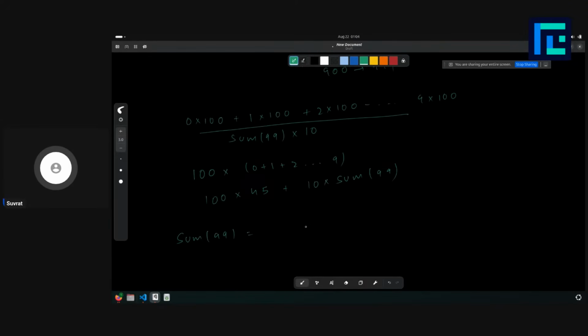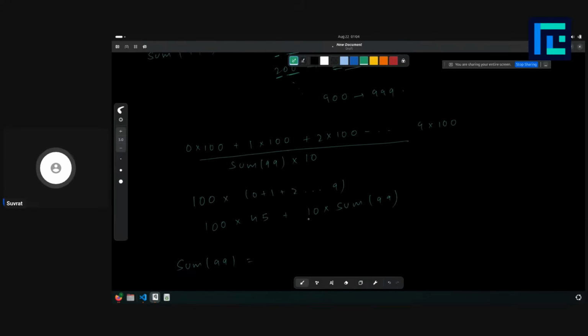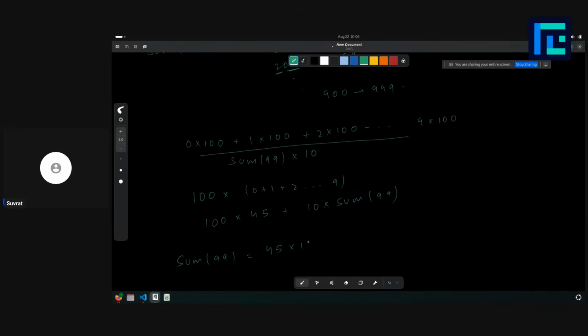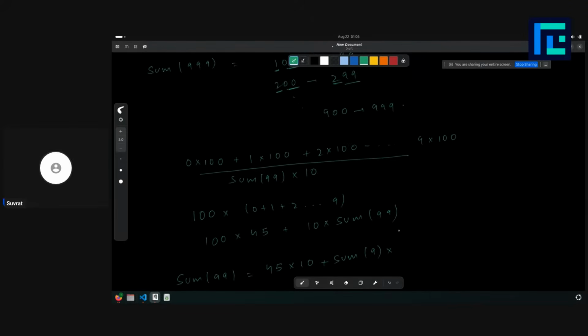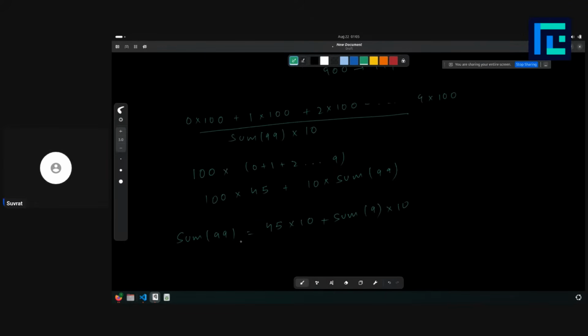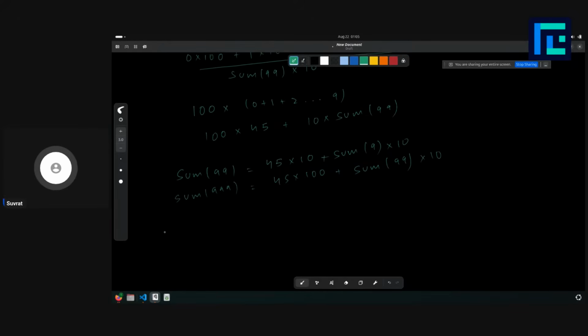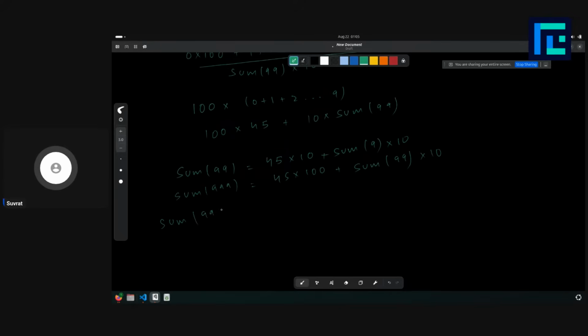Sum till 99 is equal to 45 into 10 plus sum till 9 into 10. Then sum till 999 is equal to 45 into 100 plus sum till 99 into 10. And similarly, sum till 9999 would be 45 into 1000 plus sum till 999 into 10.